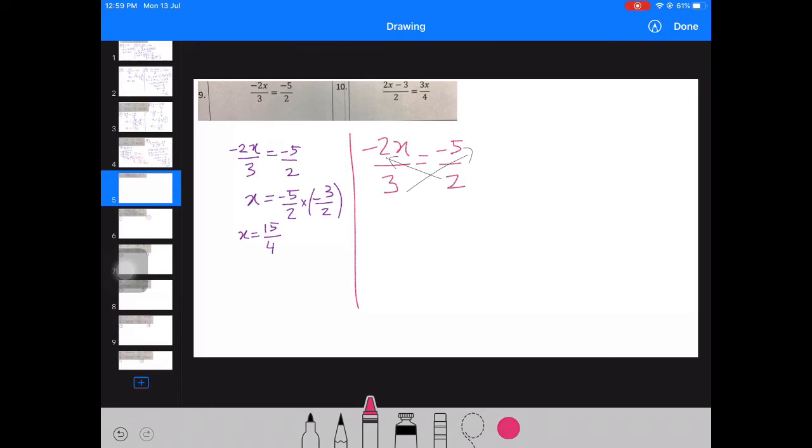So 2 times negative 2x equals to 3 times negative 5. Negative 4x equals to negative 15. So x equals to negative 15 divide negative 4. Finally, you get the same answer, 15 over 4. Okay?